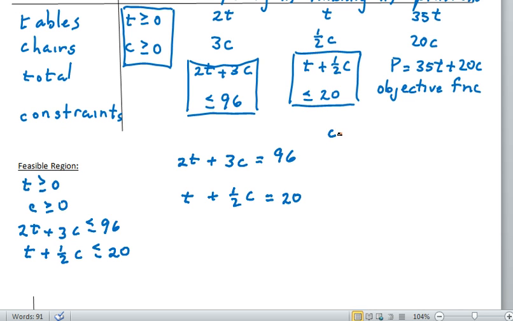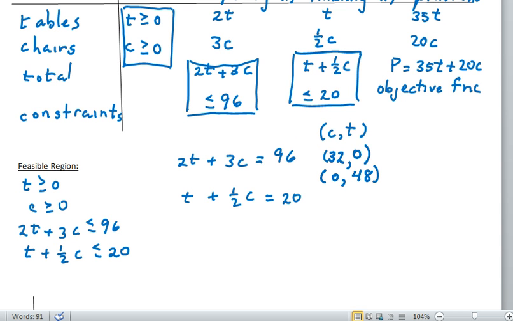For each of these, we'll find the two intercepts. So when T is equal to 0, 3C equals 96, so C equals 32. When C equals 0, 2T equals 96, so T equals 48.